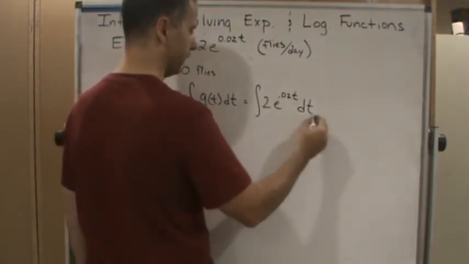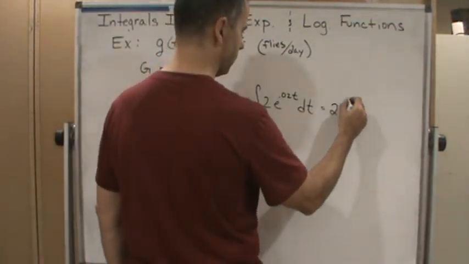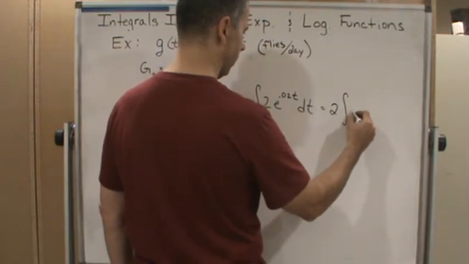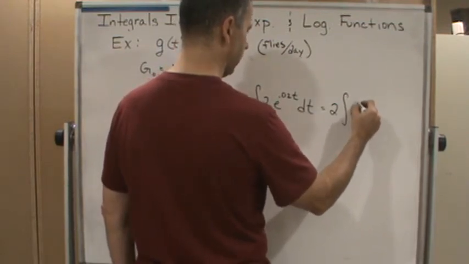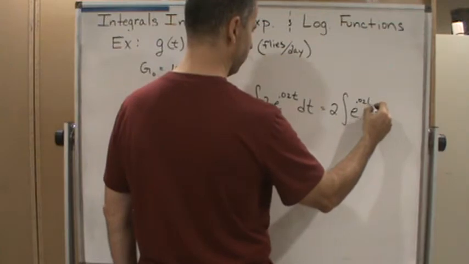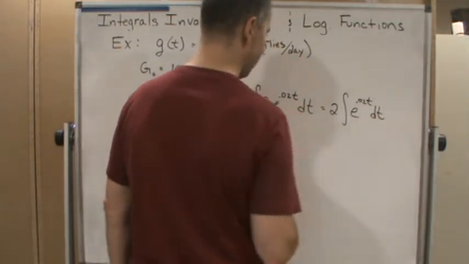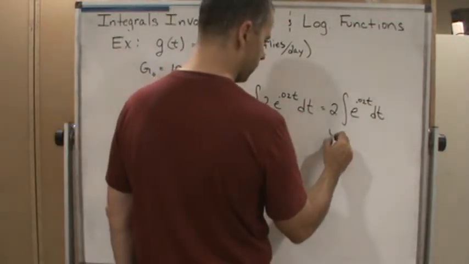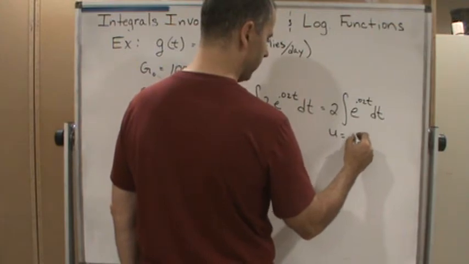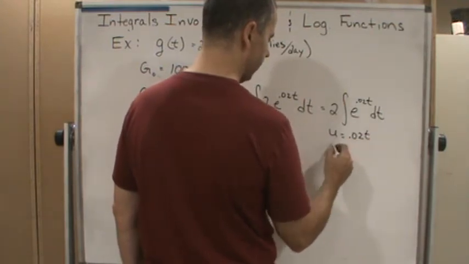I can pull the constant out, so that's 2 times the integral of e to the 0.02 t dt.